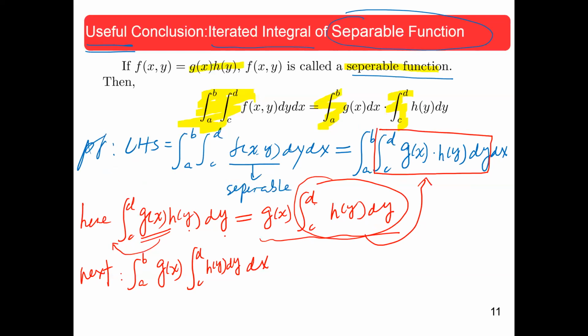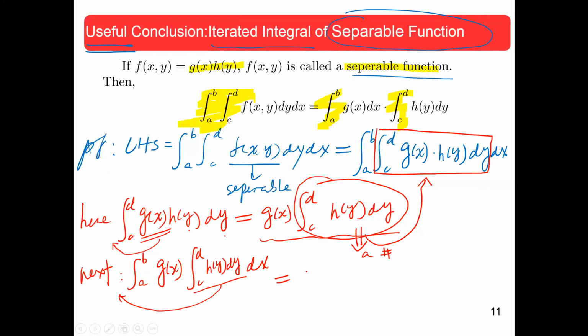All the y's have been replaced by d and c. So this is actually a number, right? You find an antiderivative and simply substitute all the y's by the constants c and d. Which means you have a constant coefficient, which again you can pull outside of this integral.